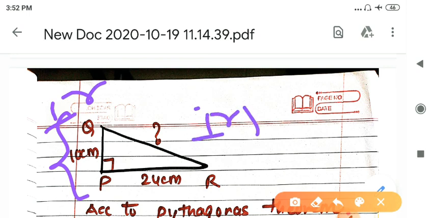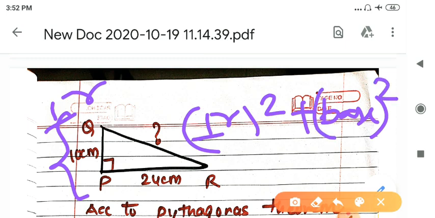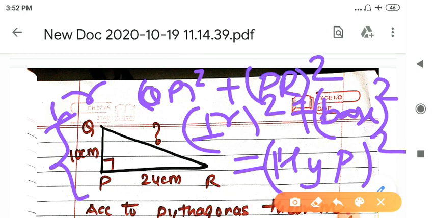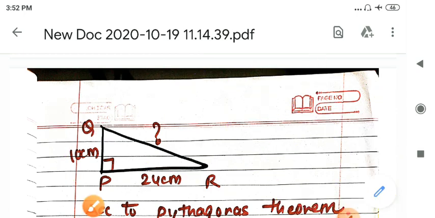So perpendicular square plus base square is equal to hypotenuse square. Which side is perpendicular? That is QP. What is the base? PR. So QP square plus PR square is equal to QR square.